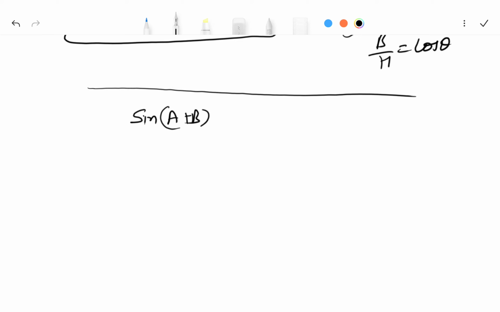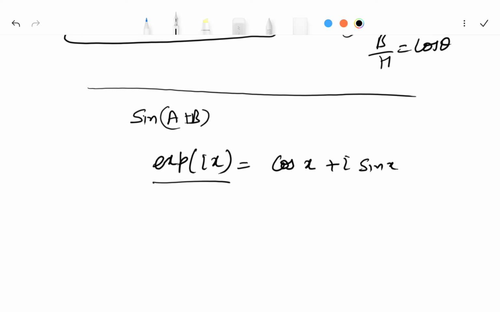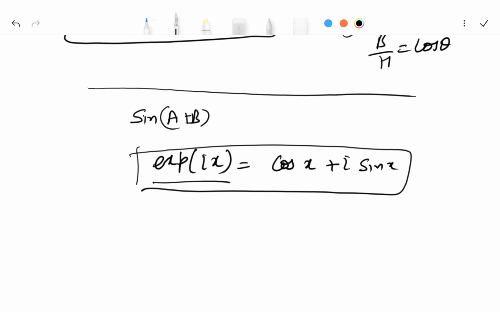De Moivre's theorem is, if I write exponential iota x, then its value is equal to cos x plus iota sin x. I will prove this, because I have to use it to derive all these formulas.